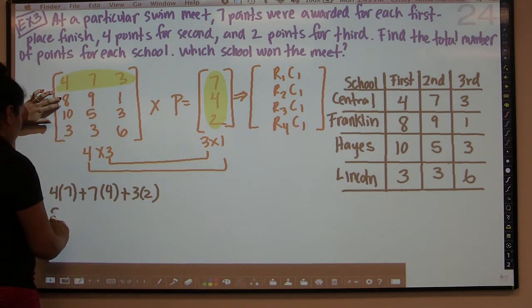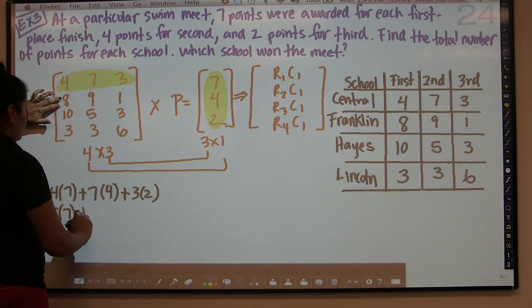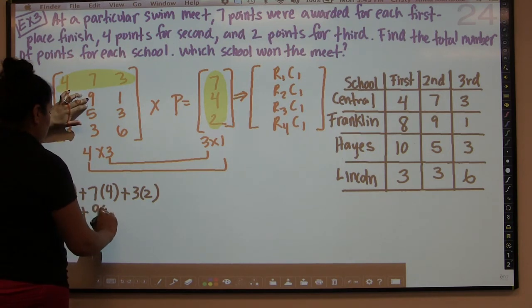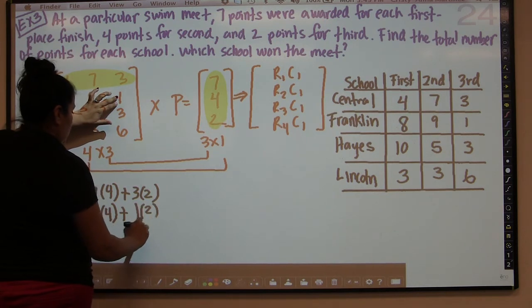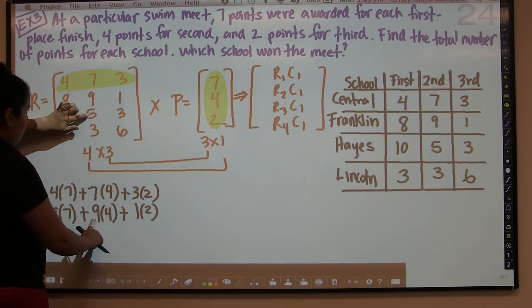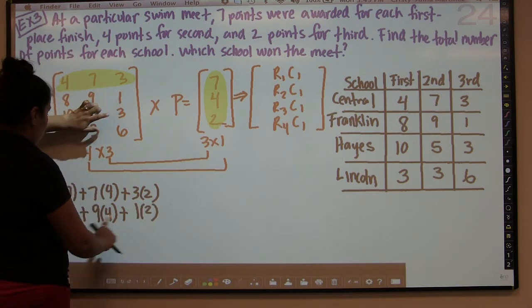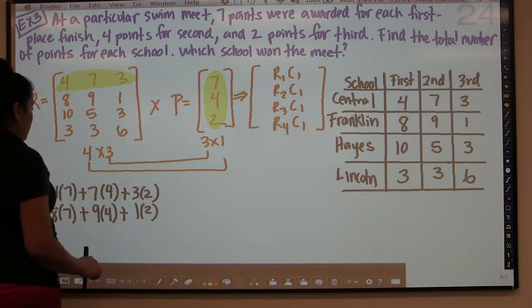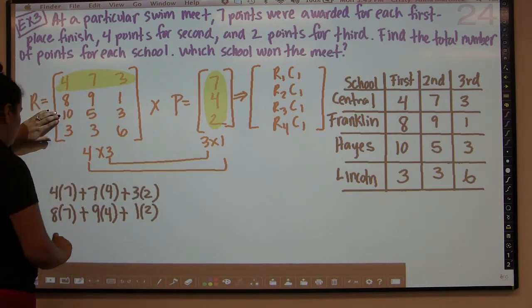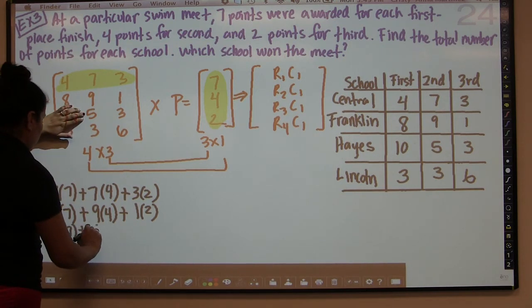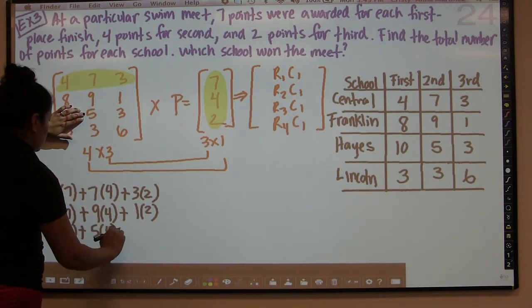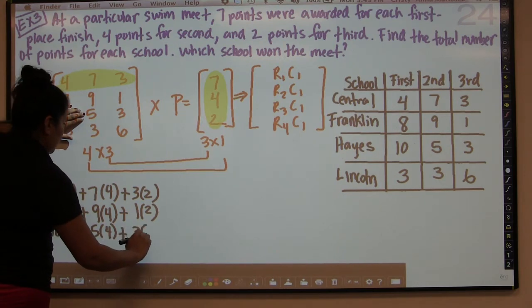So I'm going to go 8 times 7 plus 9 times 4 plus 1 times 2. I've got my 8, my 9, my 1, and my columns are 7, 4, 2. Then I'm going to do it again for the third row, and that's going to be 10 times 7 plus 5 times 4 plus 3 times 2.